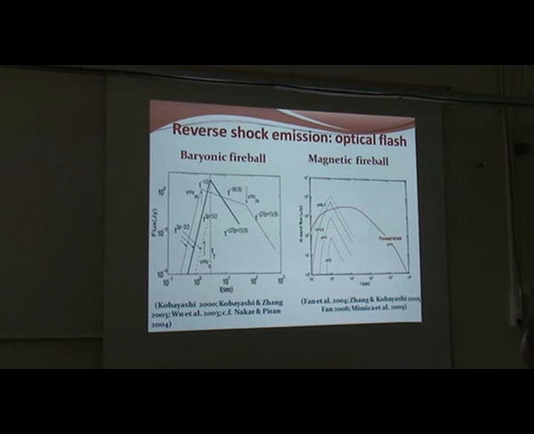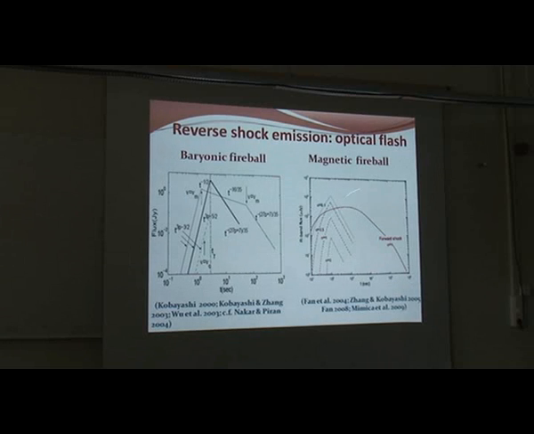For a baryonic fireball, usually people get a really bright optical flash. And such a flash may be detectable in a good fraction of bursts. But in the case of a magnetic fireball, the situation is a little bit more complicated.